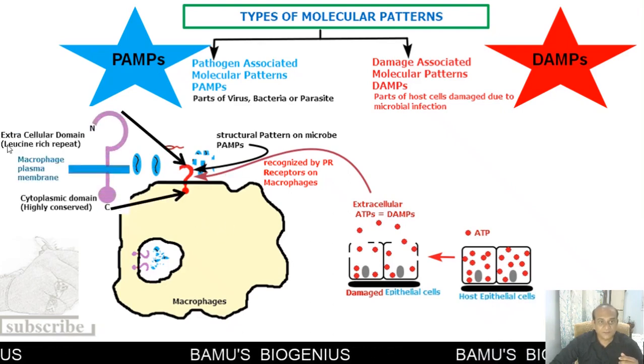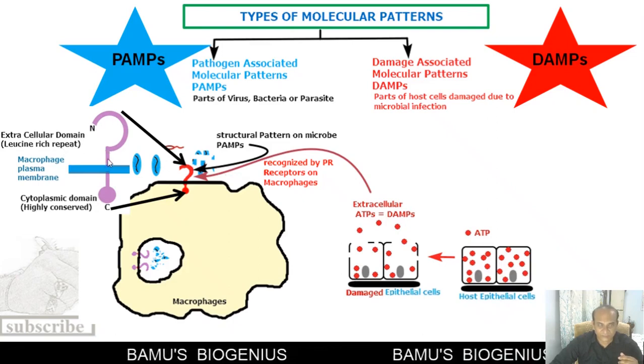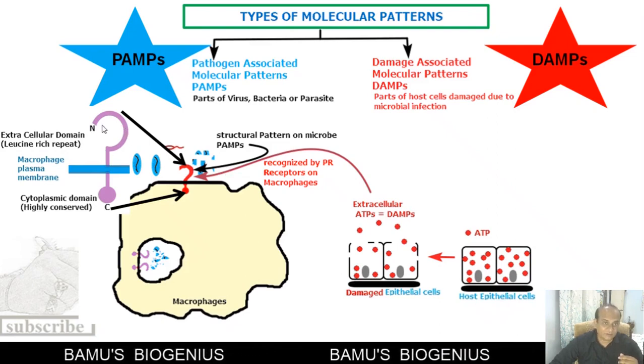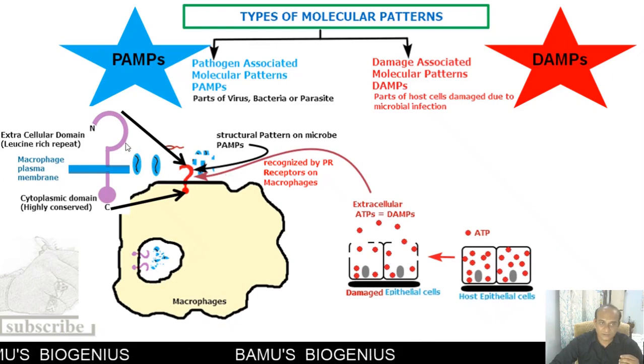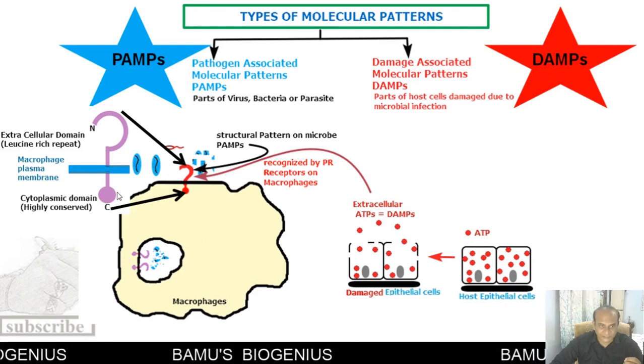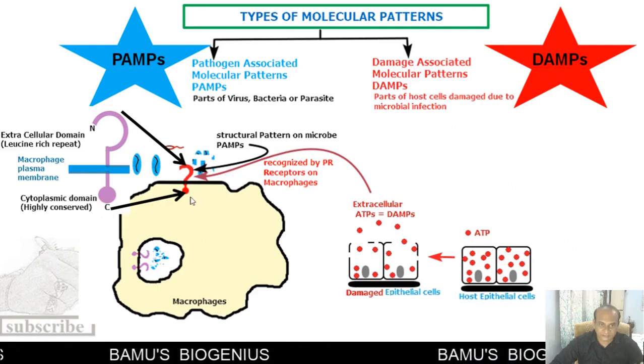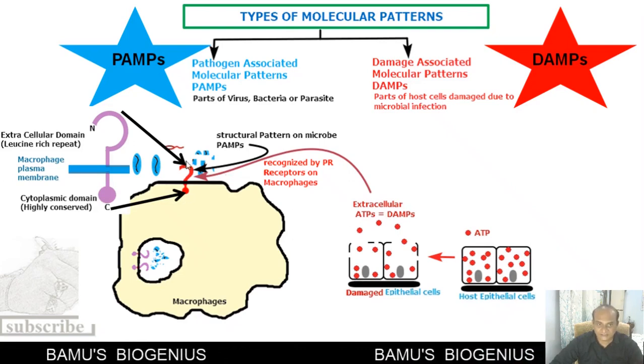This is the extracellular domain, also called the leucine rich repeat, because it contains many repetitions of the amino acid leucine. Then on the cytoplasmic side, it has a cytoplasmic domain which is highly conserved, and this cytoplasmic domain is responsible for taking the signals from the outside to the inside.